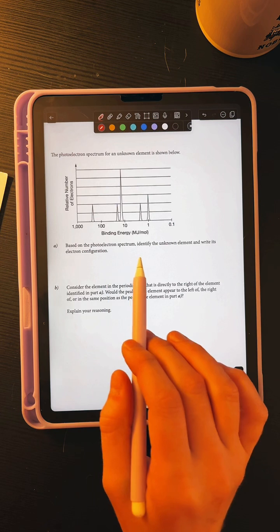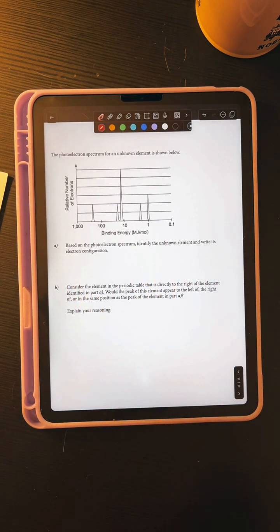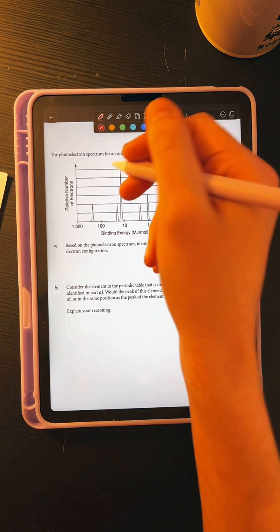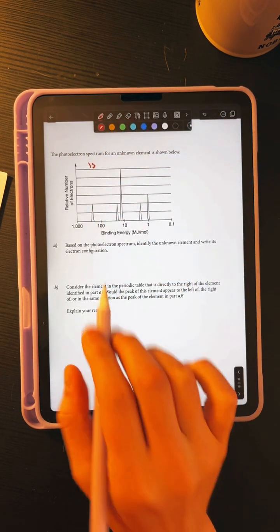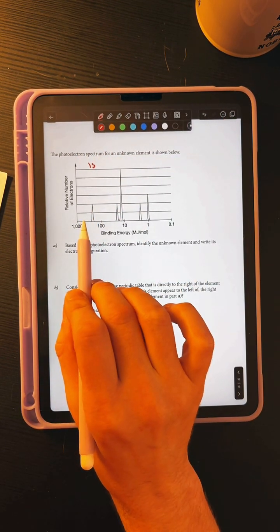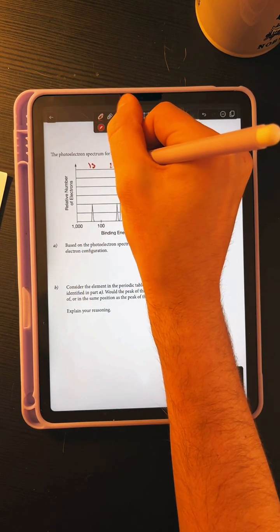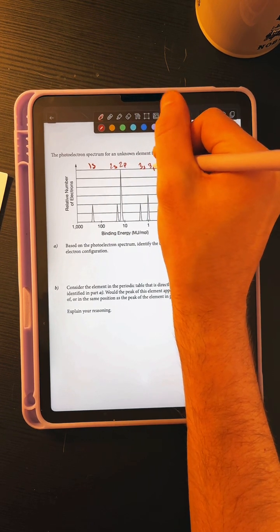Based on the photoelectron spectrum, identify the unknown element and write its electron configuration. So again, with a photoelectron spectrum, we always start with our 1s on the left, the first peak, and then we just use our orbital notation: 2s, 2p, 3s, 3p.